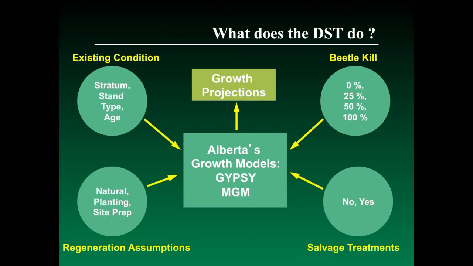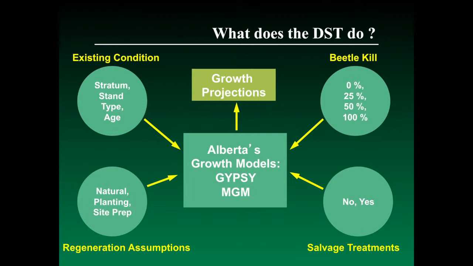So just a little bit about what the tool actually does. It's basically a simulation tool based on one of two growth engines, either the SRD Gypsy growth model or the mixedwood growth model, MGM, currently being developed at U of A. The user is given the ability to enter a bunch of user inputs, and those are captured by these 4 circles. The user can specify different levels of beetle kill, and those are simulated as single pulse events, not occurring over time.